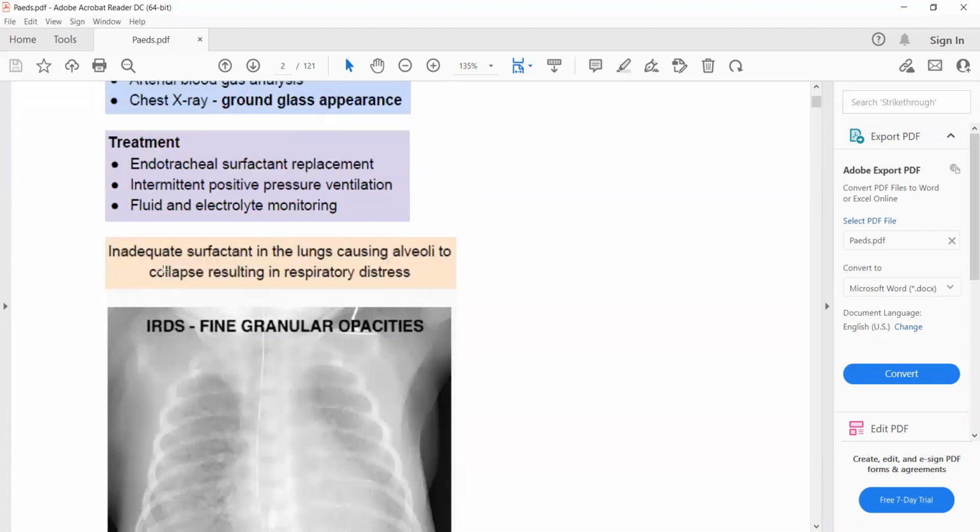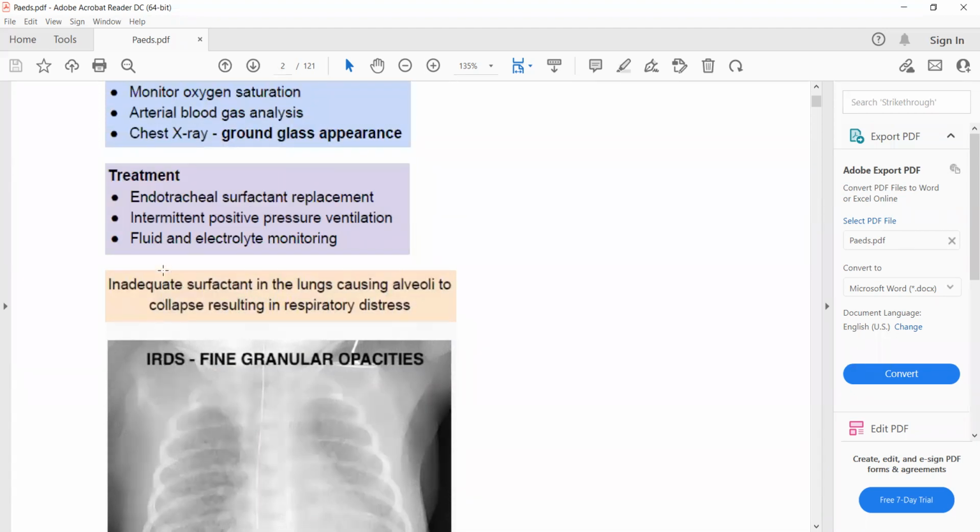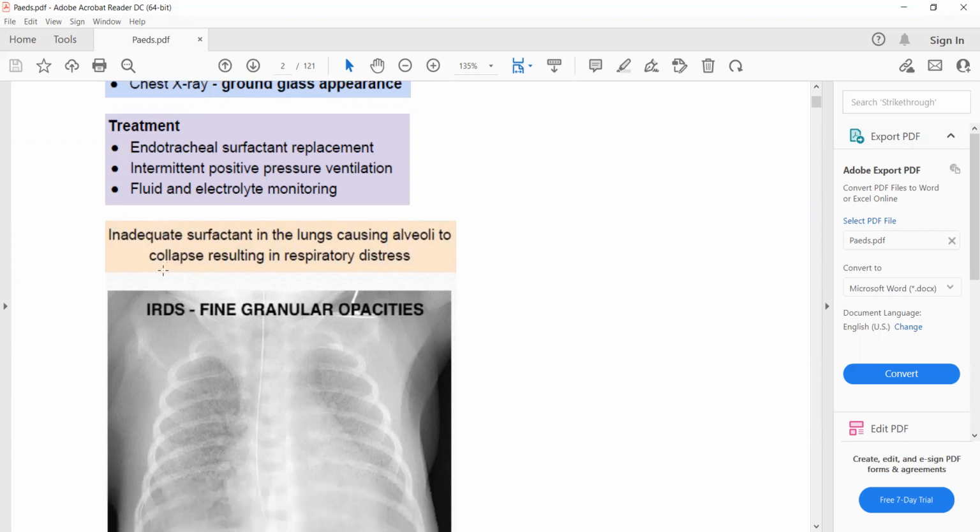Now, what is the treatment of respiratory distress syndrome? Because the problem in respiratory distress syndrome is deficiency of the surfactant, endotracheal surfactant replacement will be done. Surfactant will be replaced, intermittent positive pressure ventilation will be given, and fluid and electrolyte monitoring will also be done.